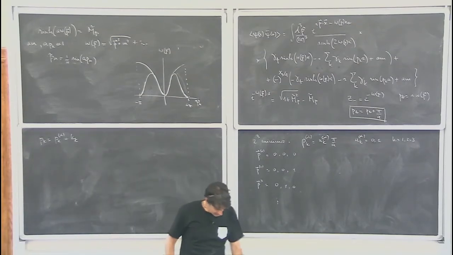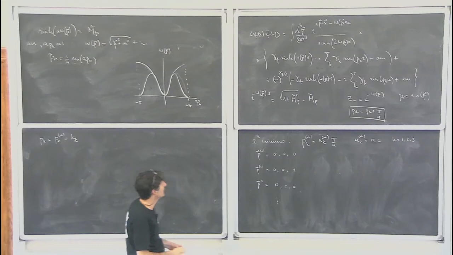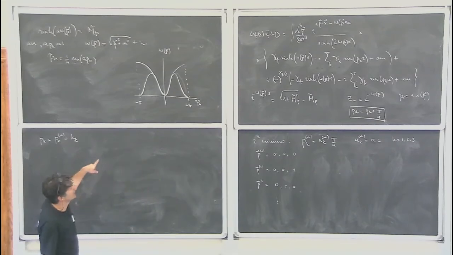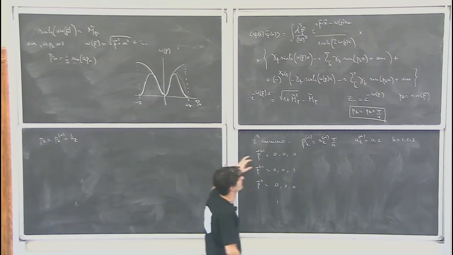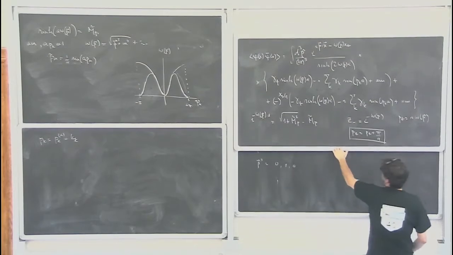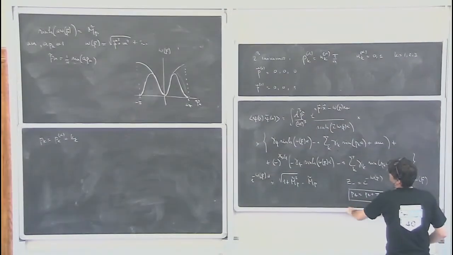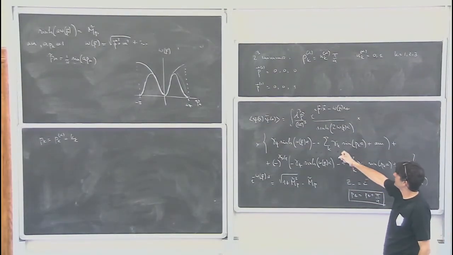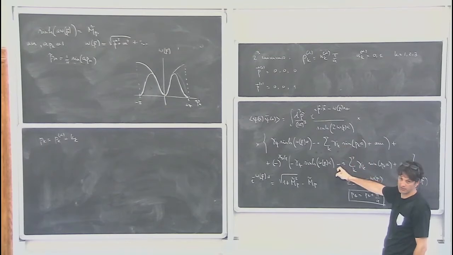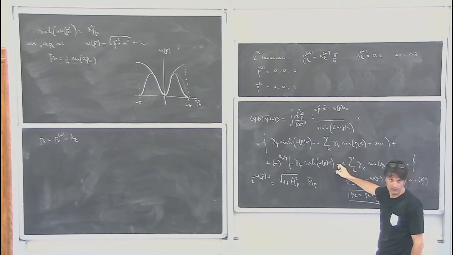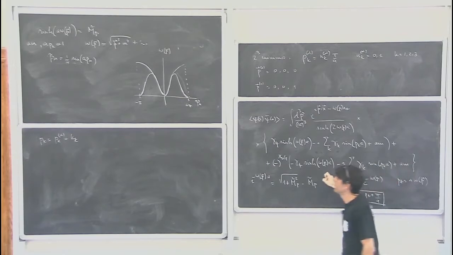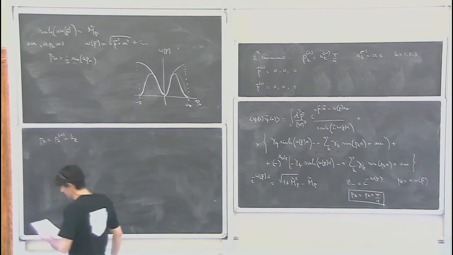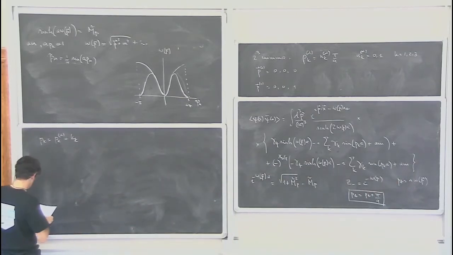If we do that, we get 8 contributions, and for each of these 8 contributions there are 2 terms. So in total, we're going to get 16 contributions. I'm going to rewrite the 16 contributions in the following form.